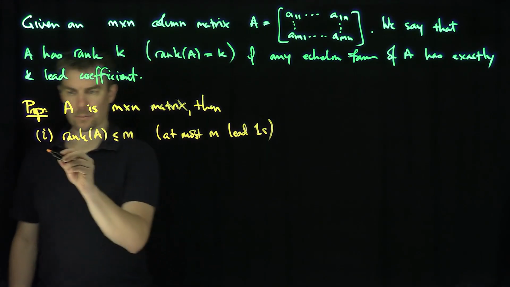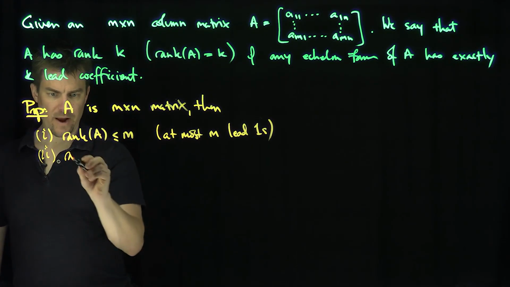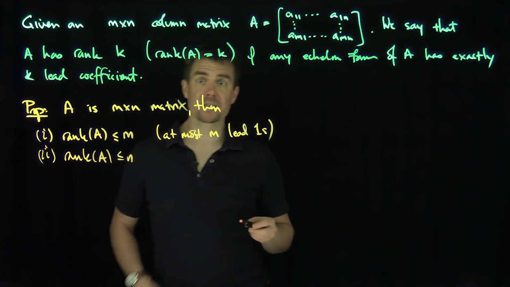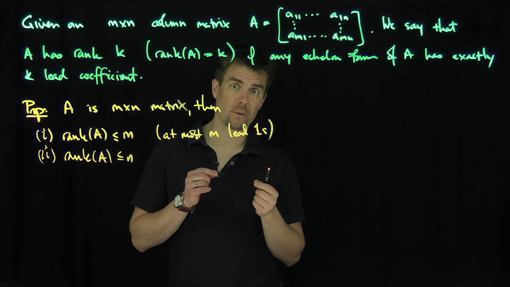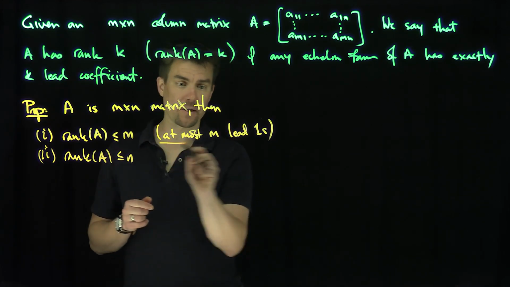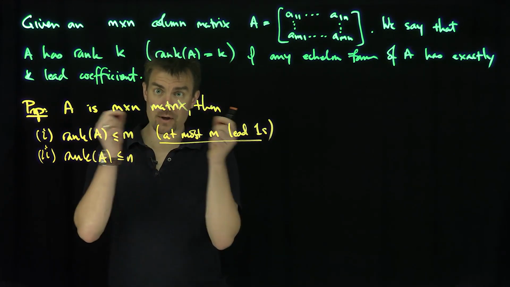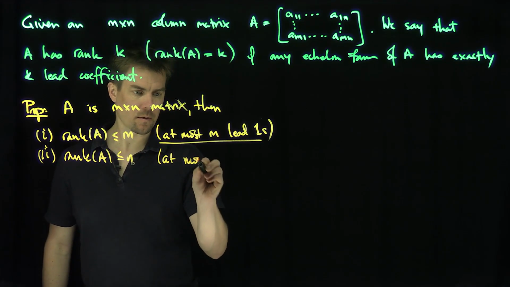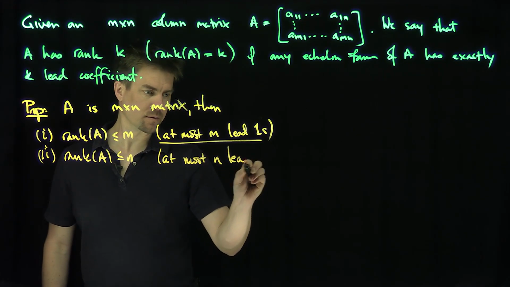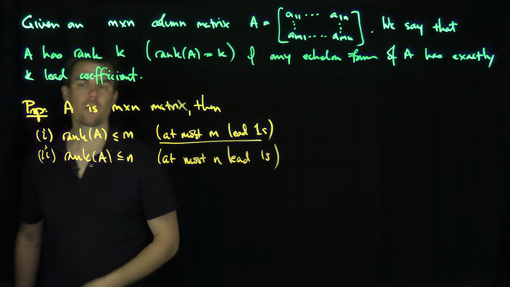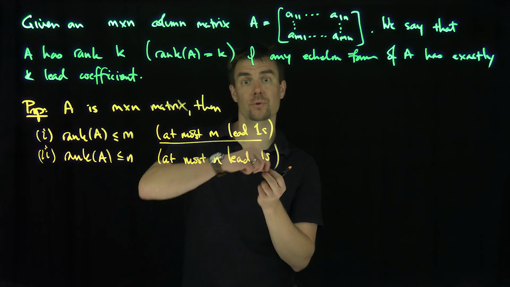Number 2, the rank of A is less than or equal to n. Because if I put the matrix into reduced row echelon form, then the number of lead 1s is unique to the column. There are at most n lead 1s. That's from the reduced row echelon form, right?